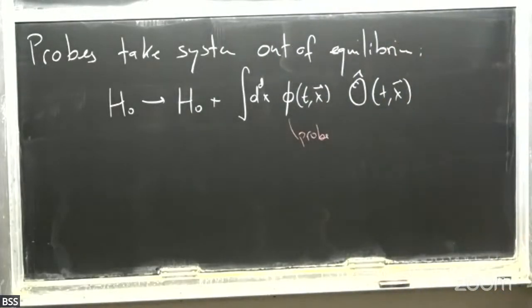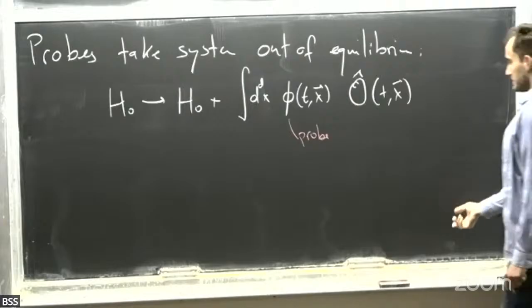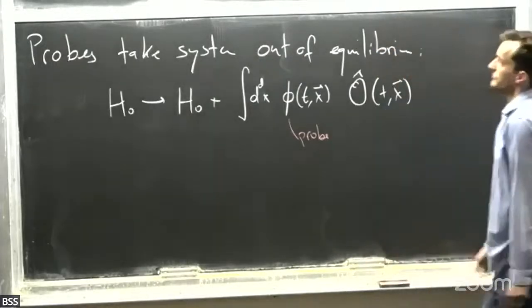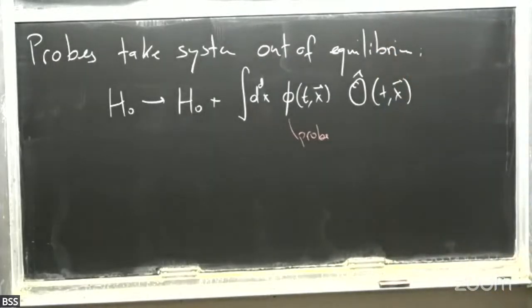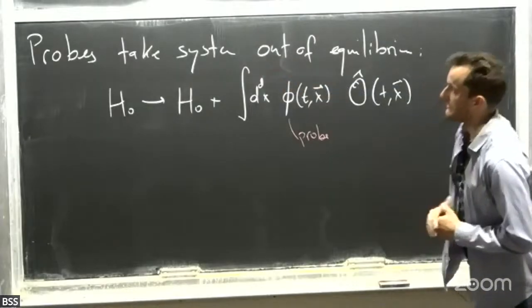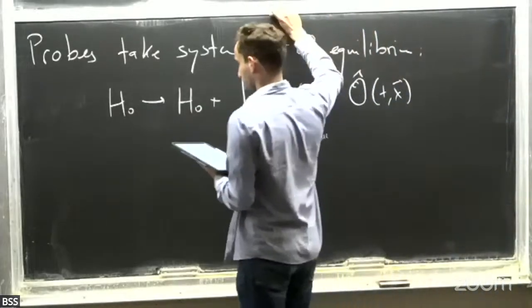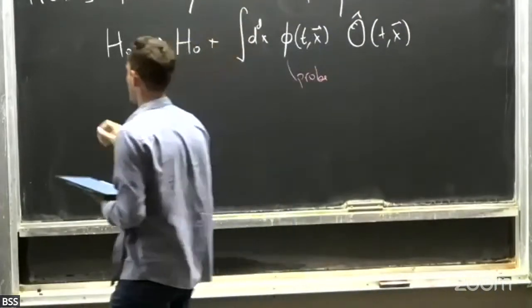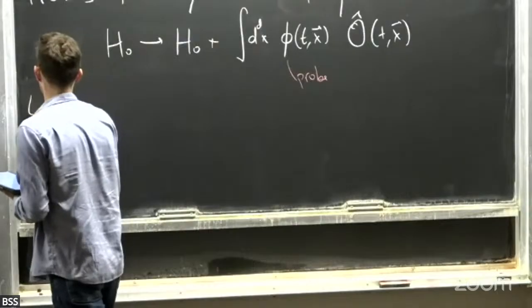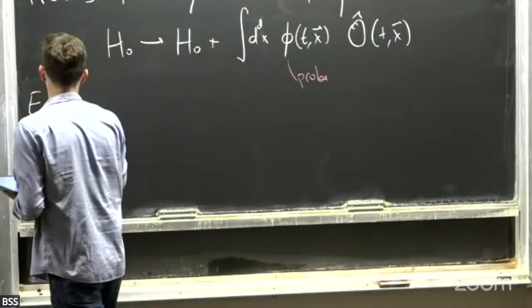Okay. So in general, this would be a complete mess. But what we're going to do is focus on small probes, small perturbations. This is why we'll always be only slightly out of equilibrium. This is where we can hope for some kind of universality. And so in this case, for small probes, we can expand.